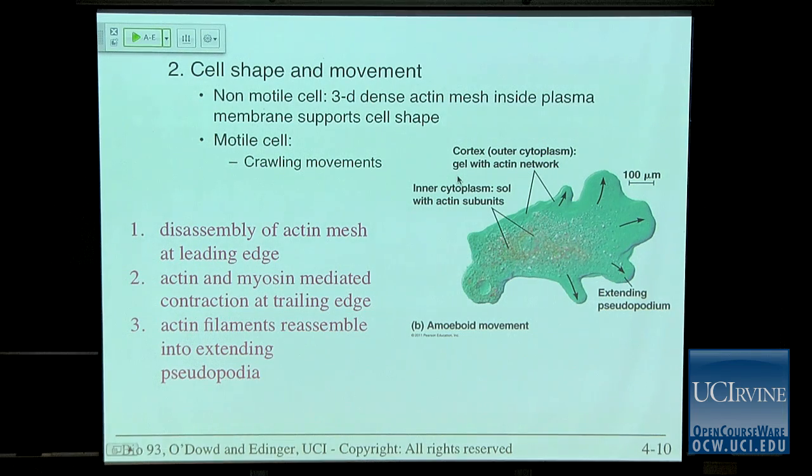As they are pushed out forward, then there are actin filaments that are assembled in there. Okay, so that's termed amoeboid movement, and now looking at this and understanding these cellular elements and these interactions, now you know much more about how that white blood cell was moving around and chasing the bacteria.